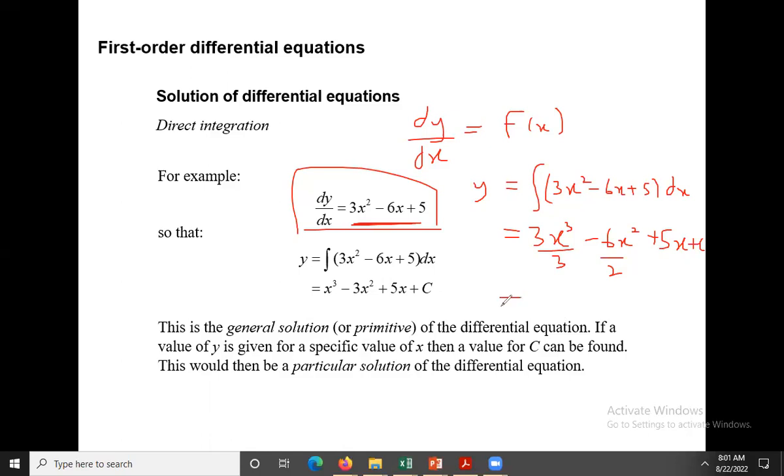So this will give us x cubed minus 3x squared plus 5x plus C. If there are any questions you can ask before I move on.